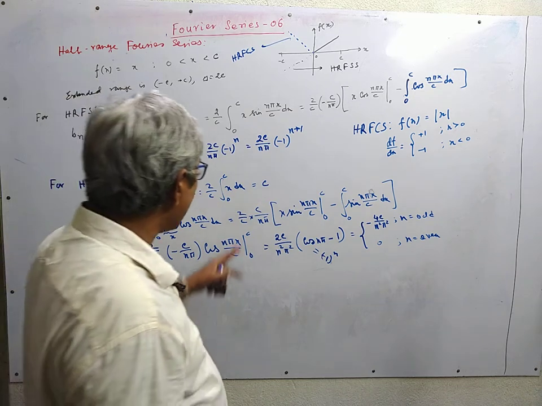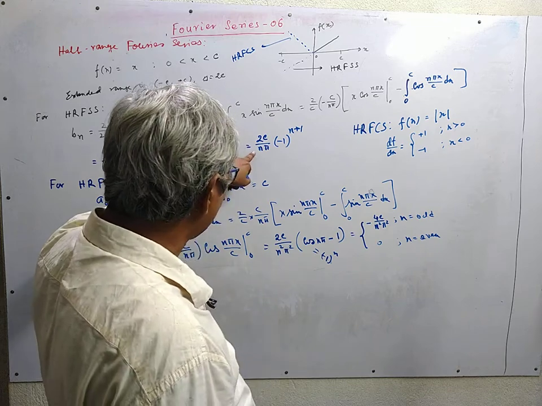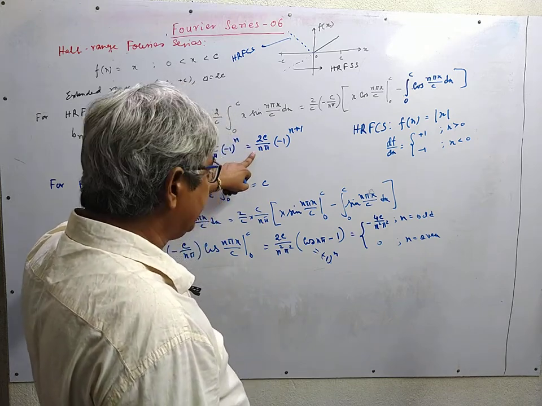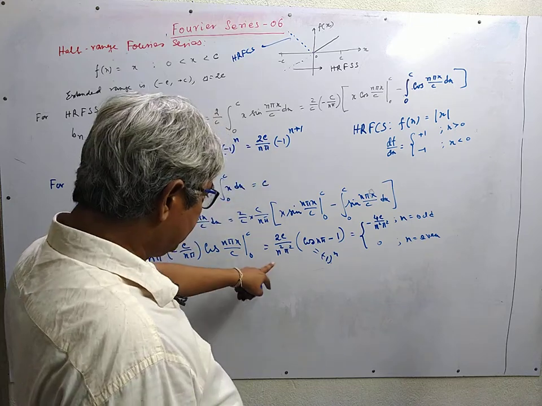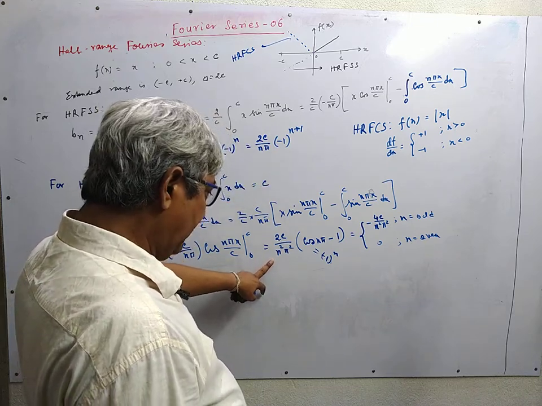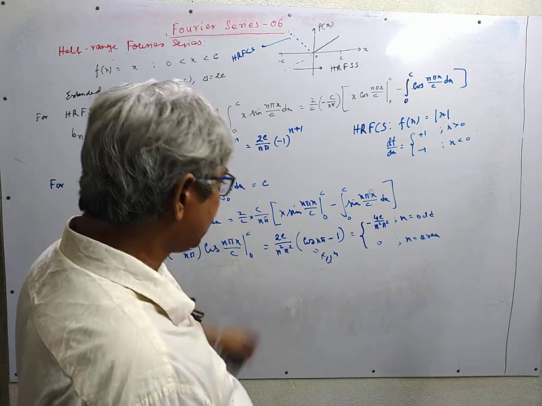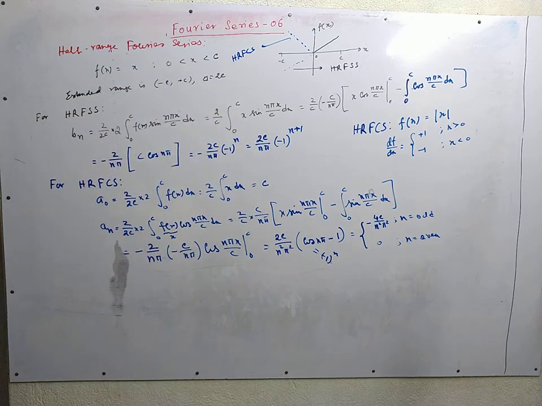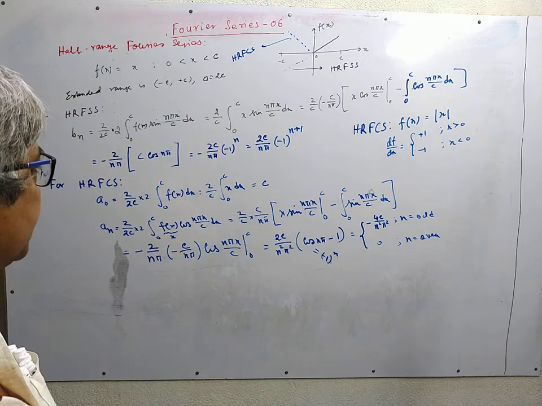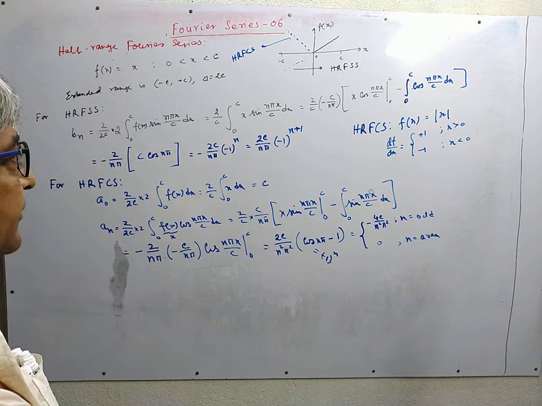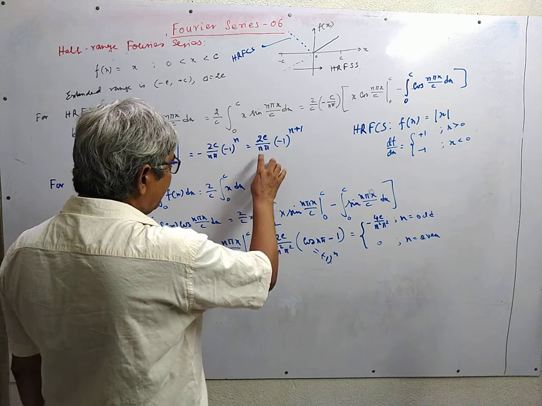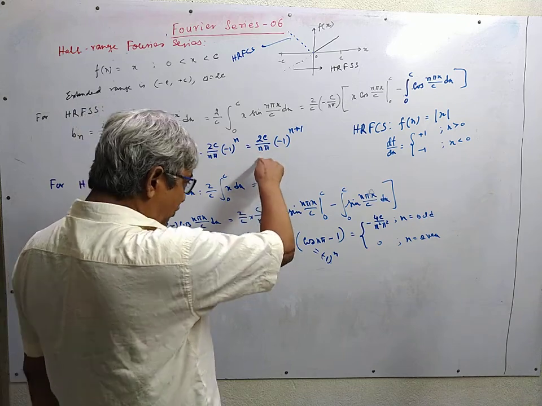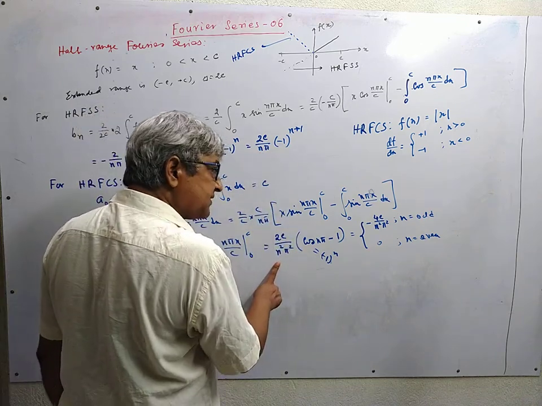Another thing is that this series, since it has 1 by n dependence, will have a slower rate of convergence, but this series will have a faster rate of convergence. Say if we consider the first 4 partial sum of sine and cosine series, in that case for n is equal to 4, it will have 1 by 4, on the other hand it will have 1 by 16.